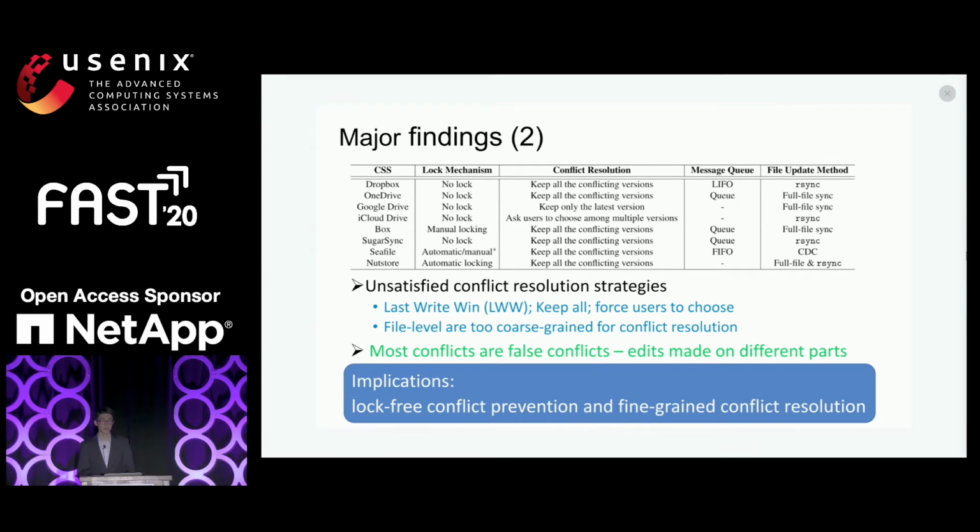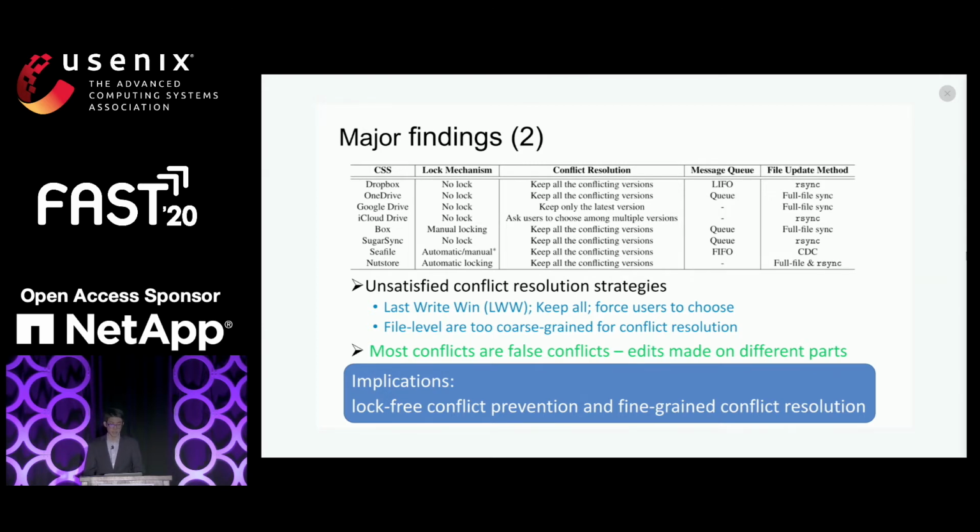And also, they noticed the problem and tried to resolve the conflicts with 3 different strategies, but none of them are satisfying. Google Drive only keeps the latest version and discards the old version, and users can hardly recover the old version. The remaining services either keep all the conflicting versions or ask the user to choose among multiple conflicting versions, which leaves all the burden to the user, which is not ideal.